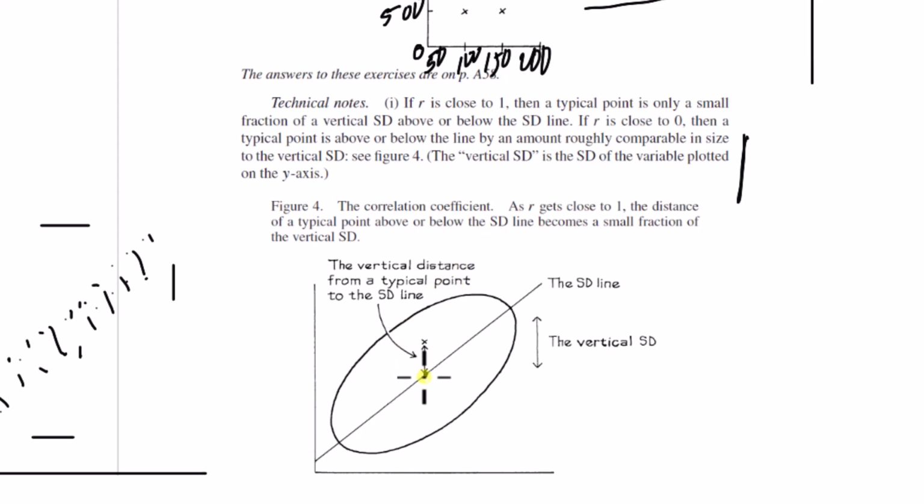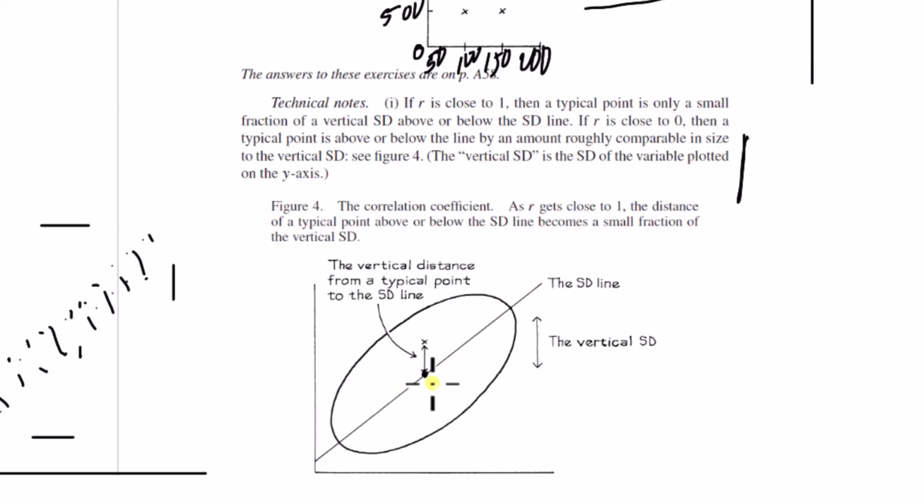So if this is the point of averages, then this could be 2 standard deviations. The SD line corresponds to having the same number of standard deviations in the x and y. It doesn't mean 1 standard deviation away from the average. It's the same number for x and y.